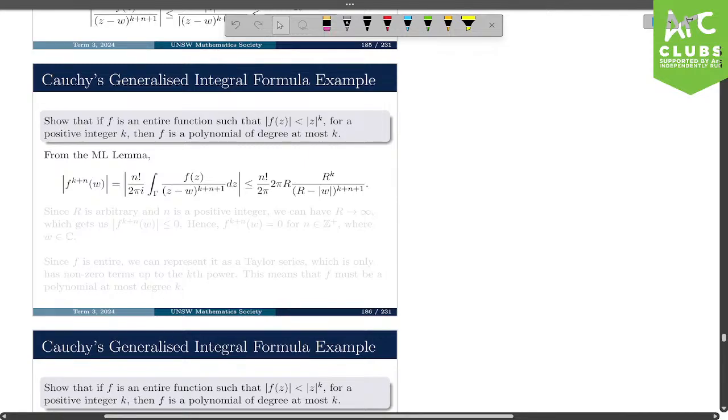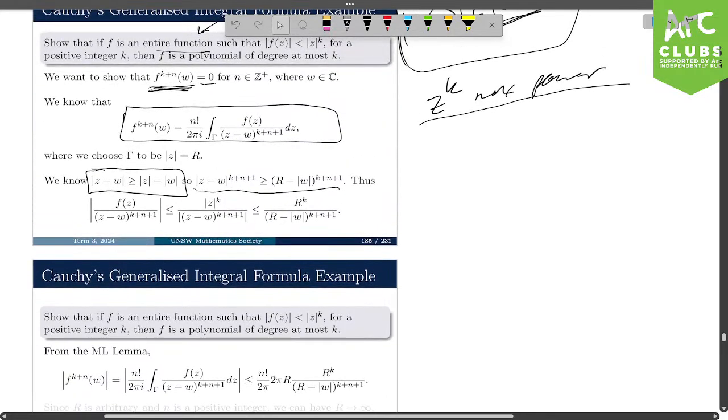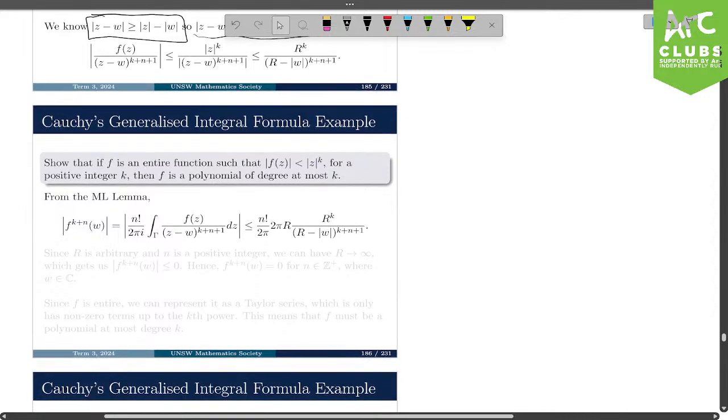And so, ML lemma, we're going to go ahead and say, okay, since the interior is maximally this, that's the maximum value it can take, we're going to multiply that by the radius, and so we end up multiplying by 2 pi, okay? 2 pi r. And that gives us this value, all right?